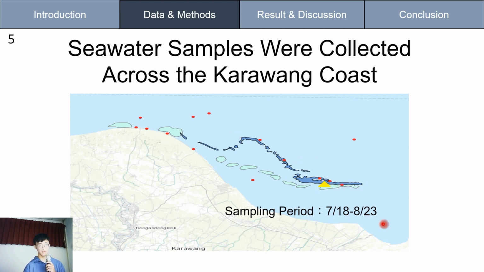And the sampling period is July 18th to August 23rd. So it is a rapid survey. By sampling multiple locations, researchers were able to better understand the spatial distribution of pollution.